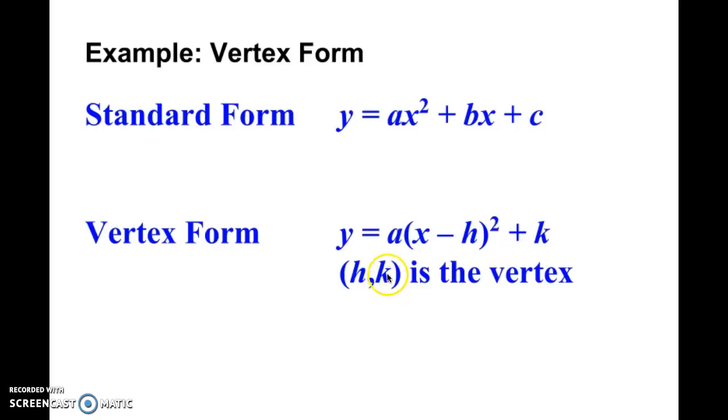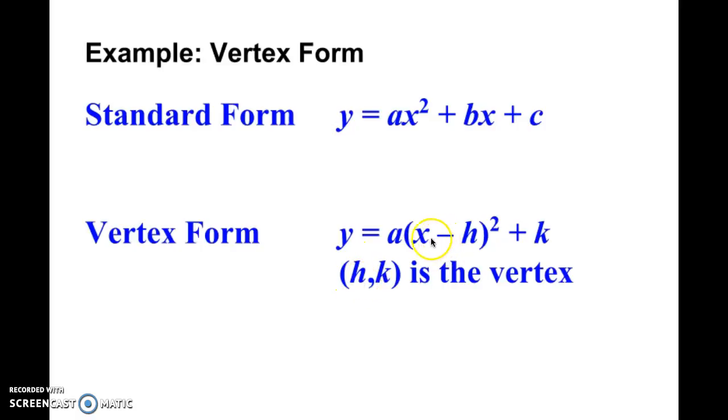Few things that I want to point out. First off, this a is going to have the same properties as the a in the standard form. If it's positive, the graph opens up, giving you a minimum. If the a is negative, the graph opens down, giving you a maximum. The other thing that's important is where this is x minus h, in my vertex, it's just h.